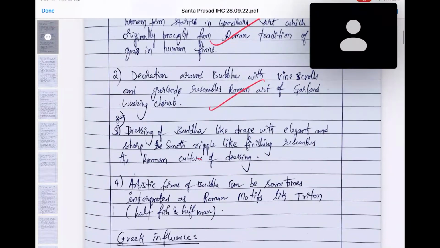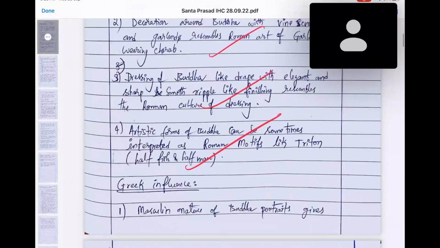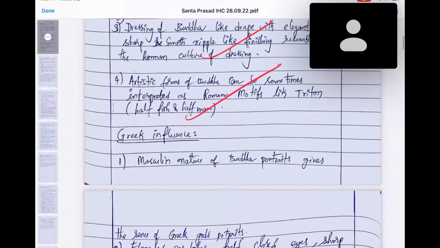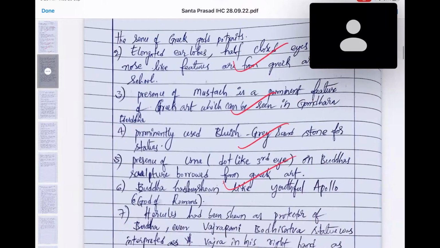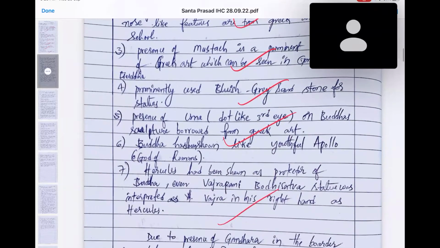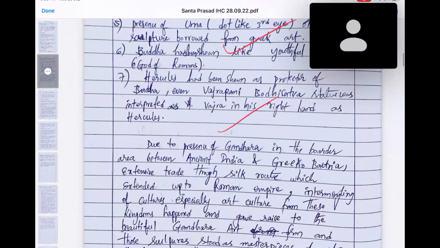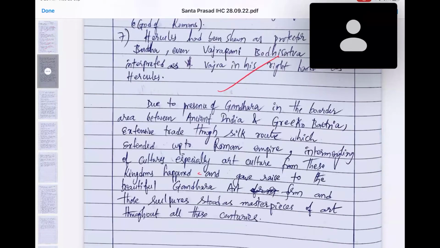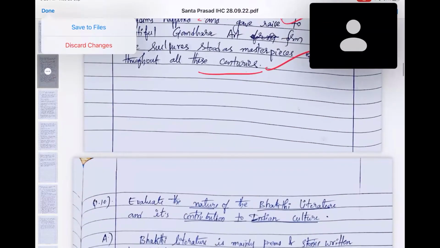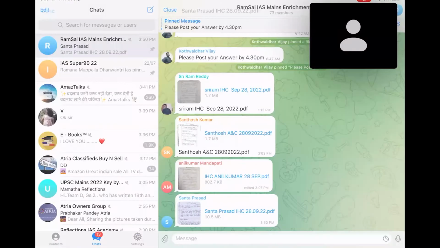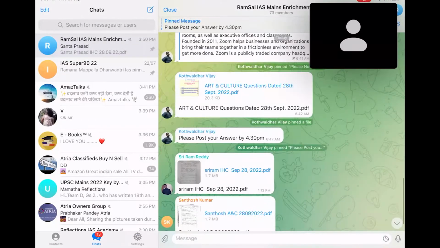It's almost the same answer like yesterday, right? Okay, good. Conclusion is good.